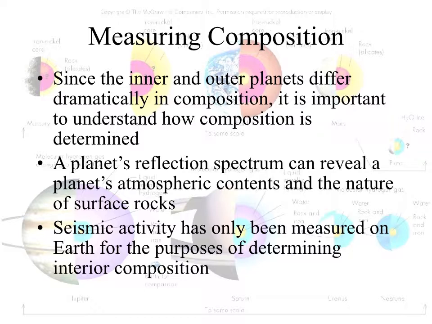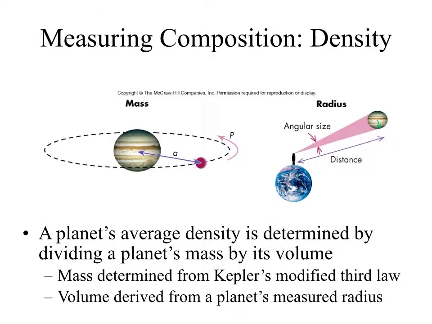Seismic activity has only been measured on Earth. So again, we use Earth to understand the makeup of other planets. From what we understand about how to measure the density of Earth, we can transfer that to measure other densities. A planet's average density is determined by dividing the planet's mass by its volume, and the mass is determined from Kepler's modified law.